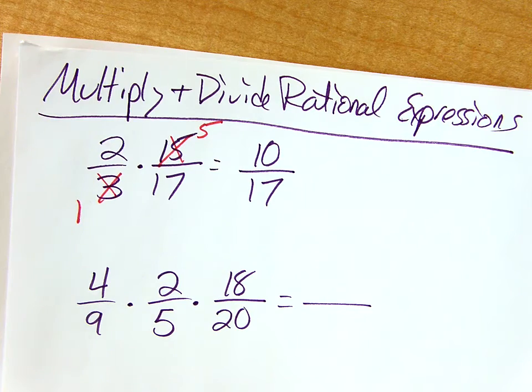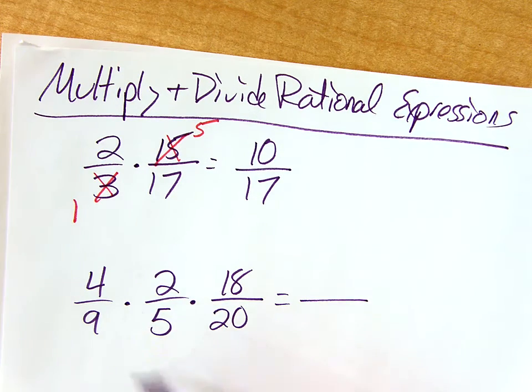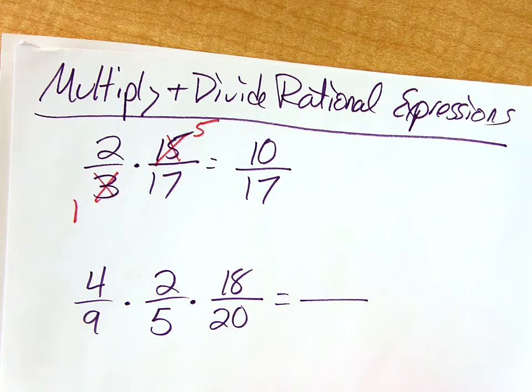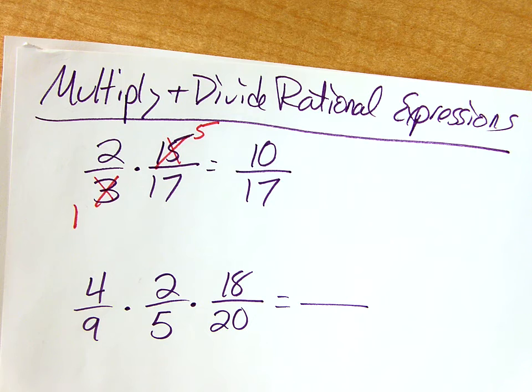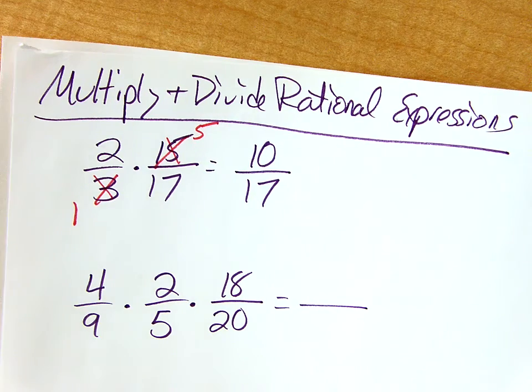If I wanted to multiply all these together, I would not do 4 times 2 times 18 and 9 times 5 times 20 and then reduce it. You can, but why? Let's reduce if we can. Does anybody see anything I could reduce? You just have to have one thing on top with one thing on the bottom. 2 and 20, sure.